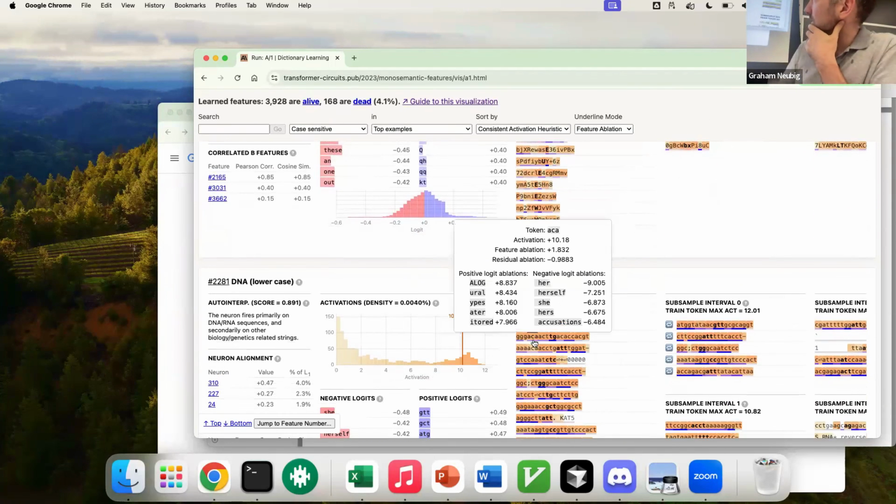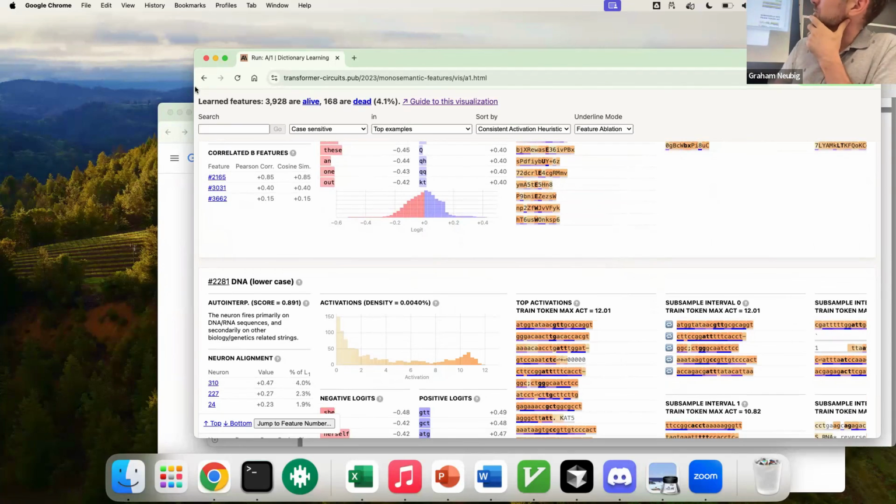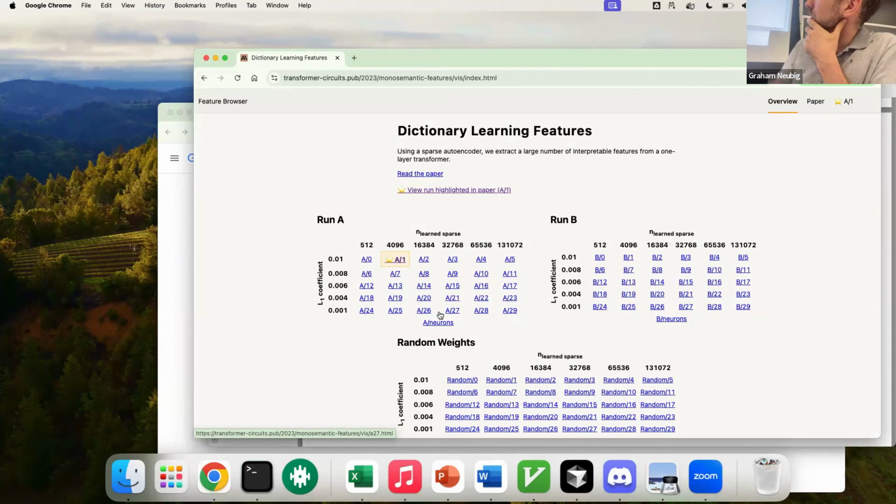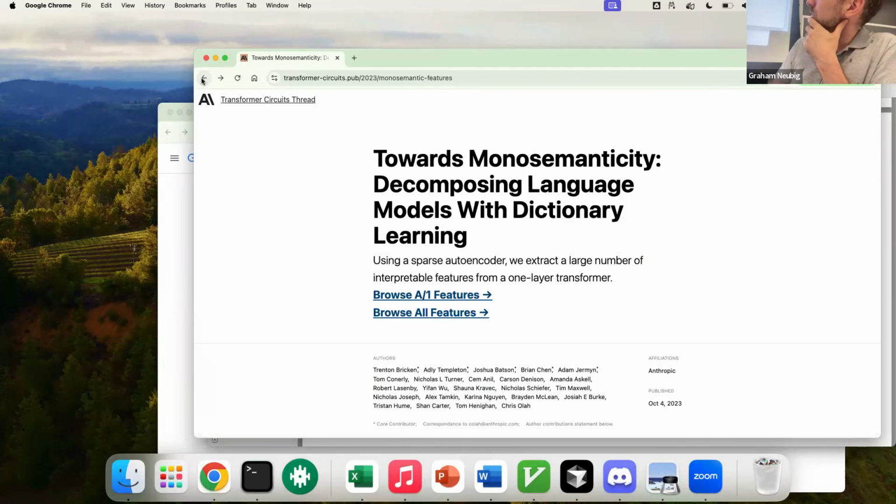Actually, I think this is not, sorry, this is not the one that I was looking for. Okay, well, but they have a nice blog post recently where they do interpretation of language model features.